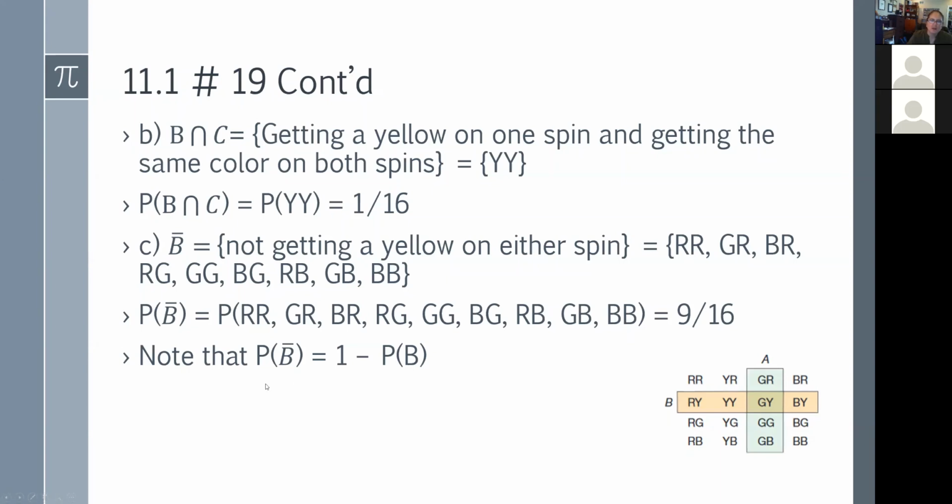So one thing I want to look at is the fact that the probability of B complement is equal to 1 minus the probability of B, because there were 7 different ways to get yellow on at least one spin.